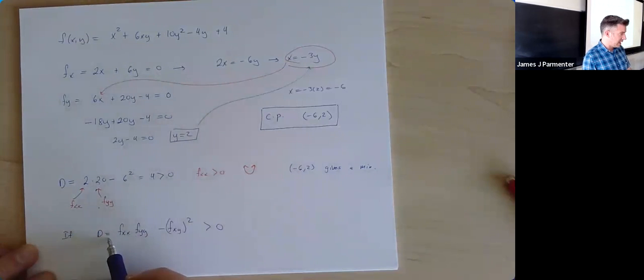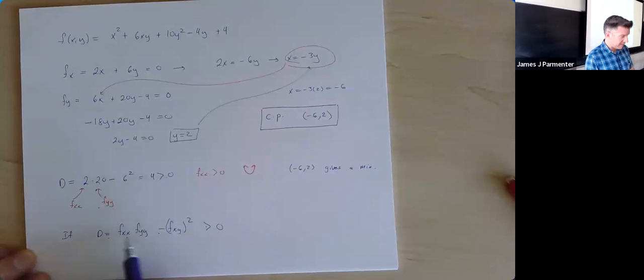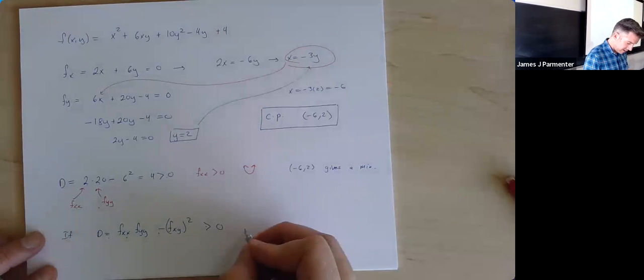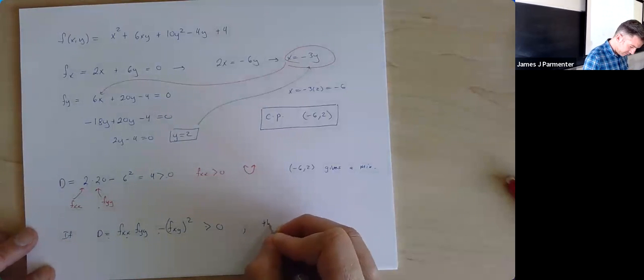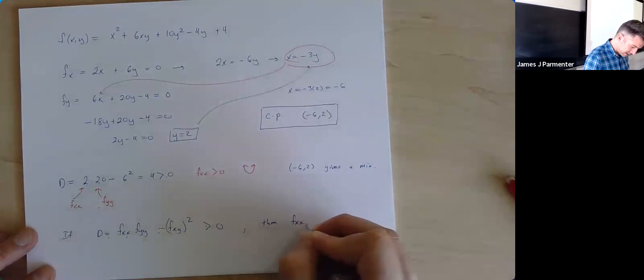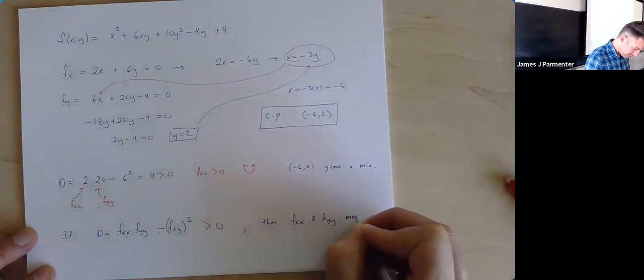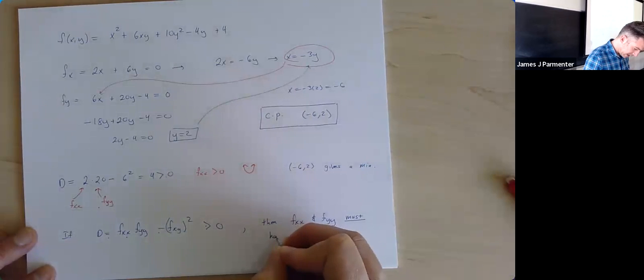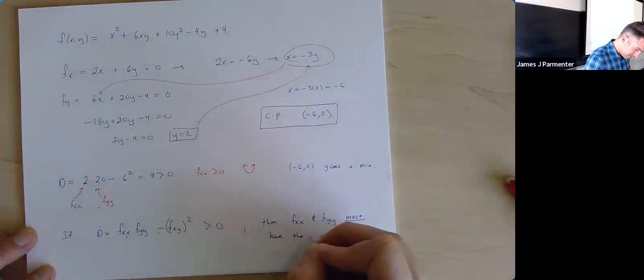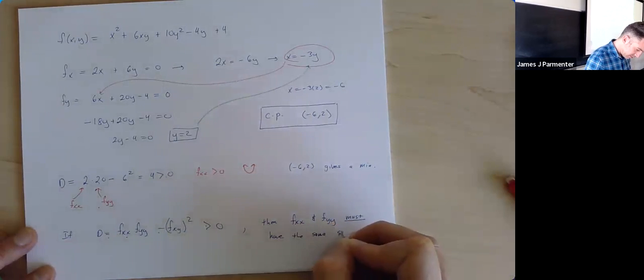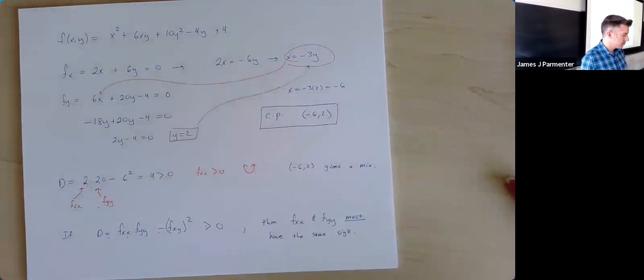If these were opposite signs, you have a negative number minus something that's for sure positive, which would make it even more negative. So there's no way that this can be positive and have fxx and fyy have opposite signs. So if this is positive, then you're guaranteed that fxx and fyy must have the same sign. That's why we only check one. Which is nice.